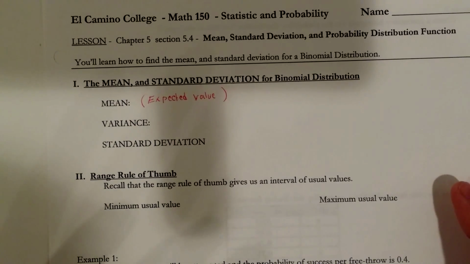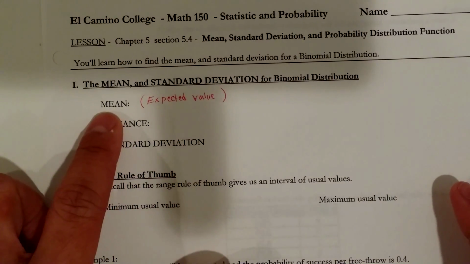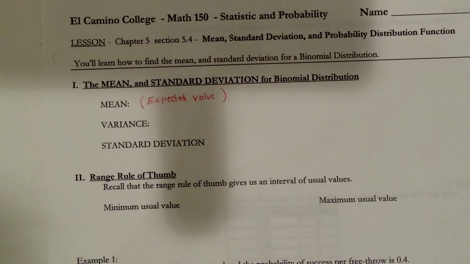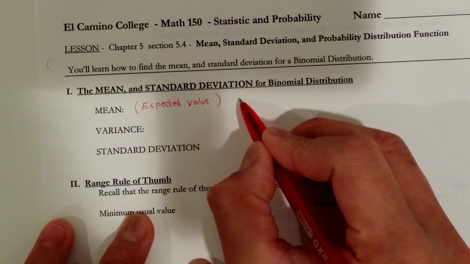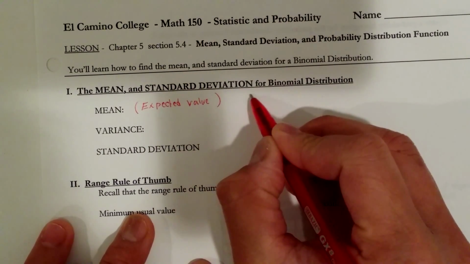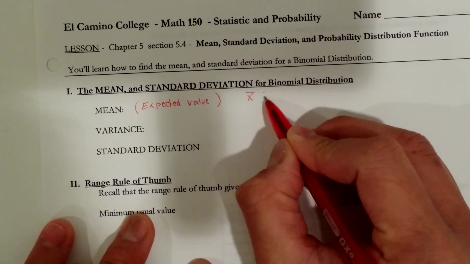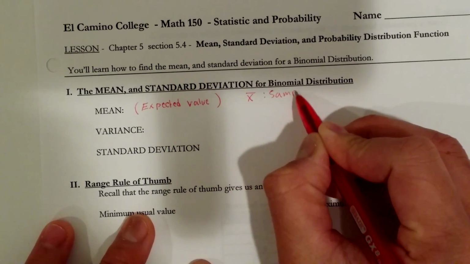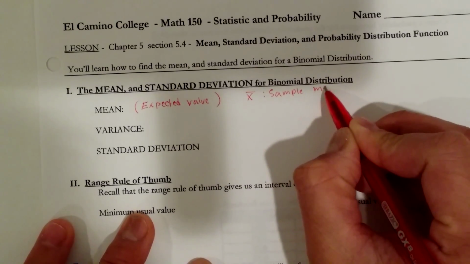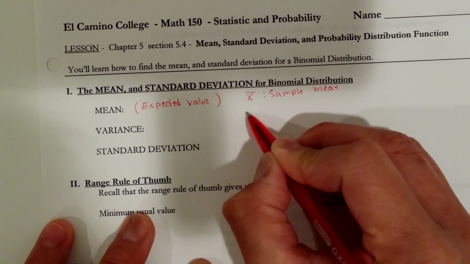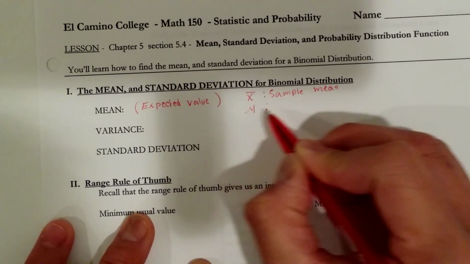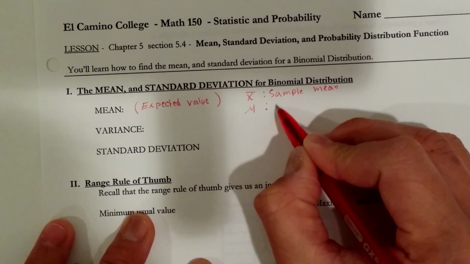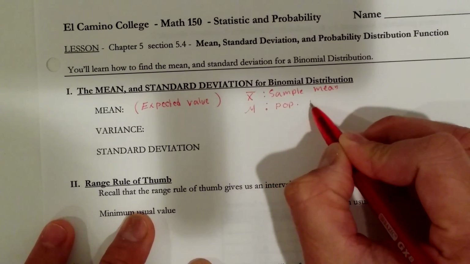A lot of times when we deal with the mean, we're going to talk mostly about the sample mean. Remember that there are two notations. X bar stands for the sample mean, and this letter that looks like the letter M, pronounced mu, is the population mean.